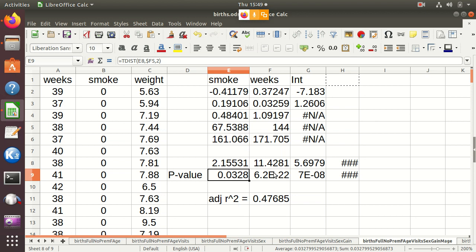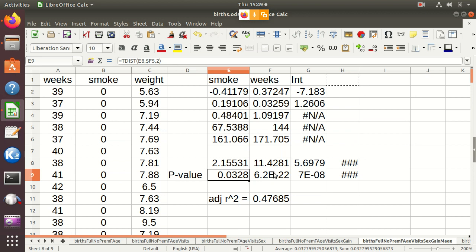And so what I could say at this point, because I started with all those other variables, is we find a significant, well, you have to be careful about the word significant.